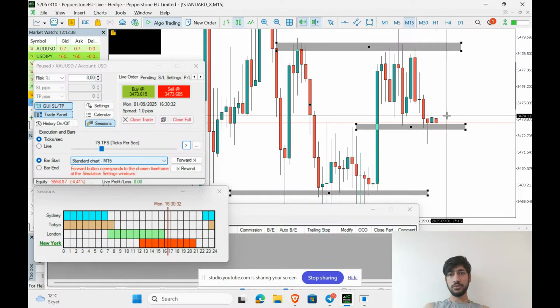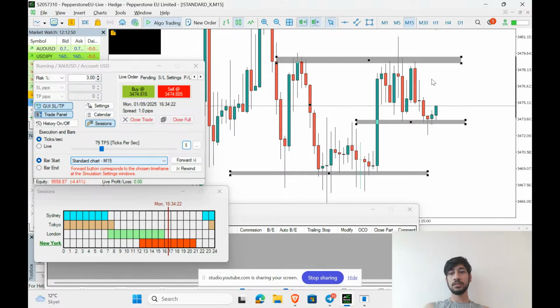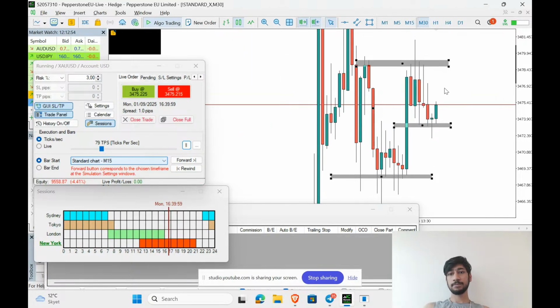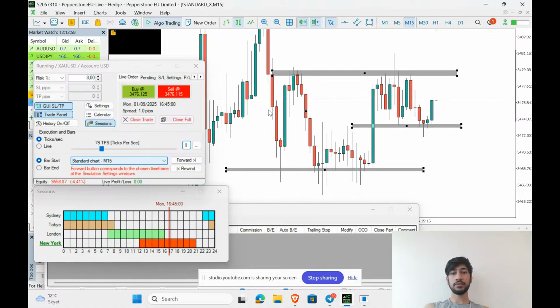M15, so we don't have rejects. We have this rejection right over here, so I don't think so. My bias now is just not bullish due to the fact that H1 was bearish and we had rejection over here. So I just wait.